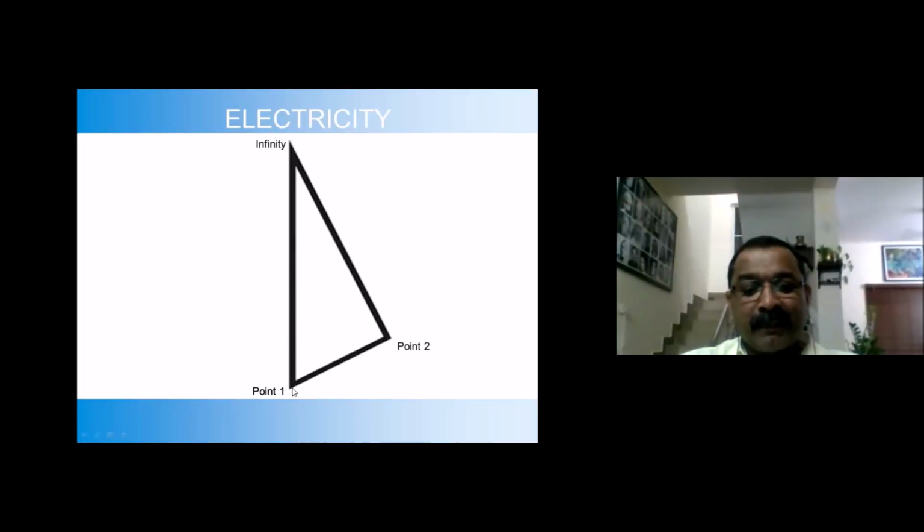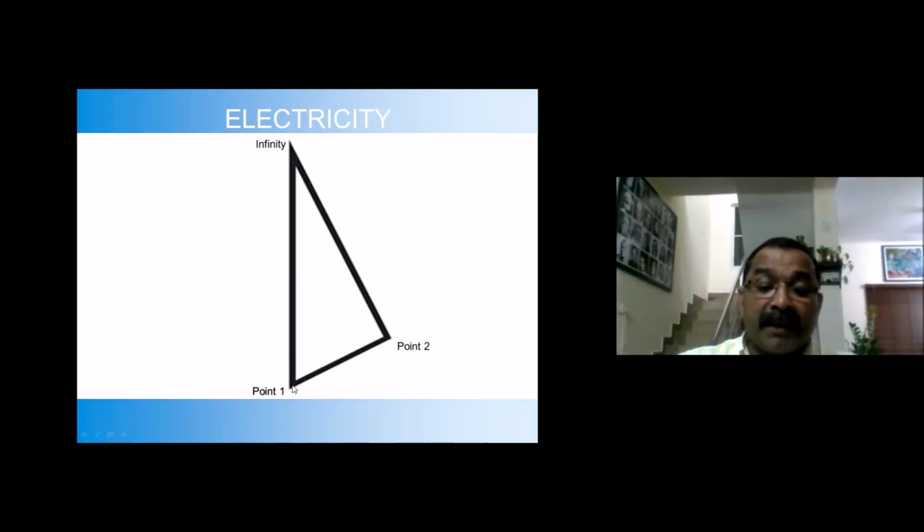Because whether there is point 1, point 2, point 3, 4, 5, a point at infinity will be common to all these points.